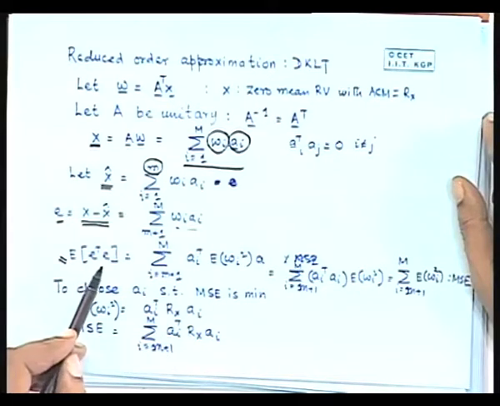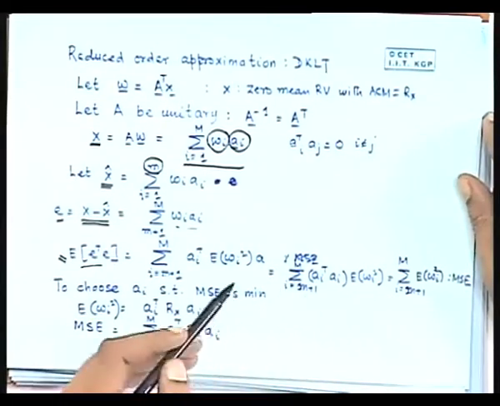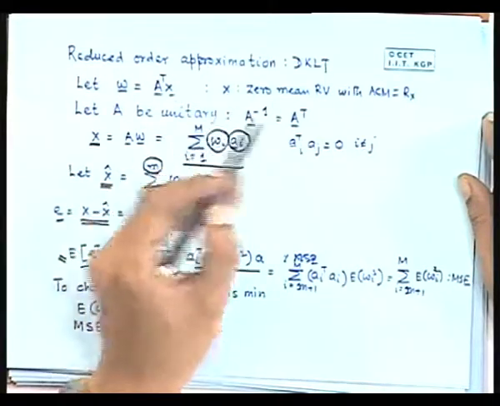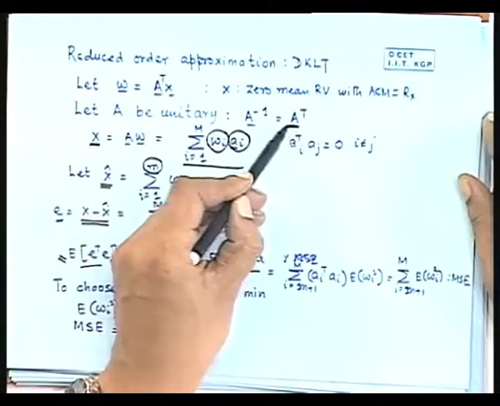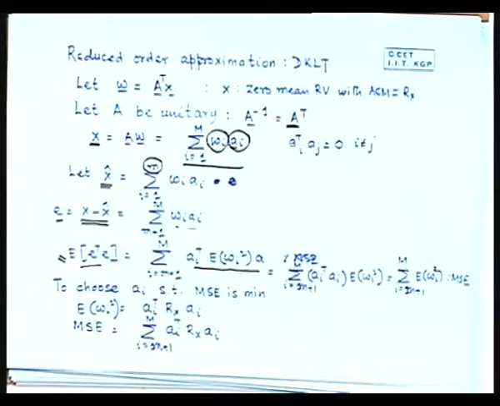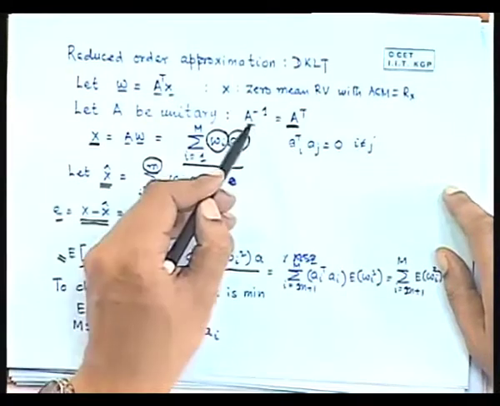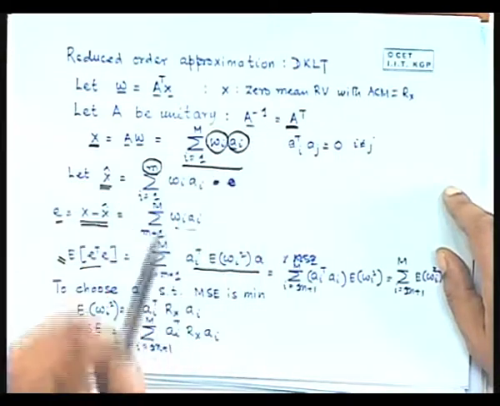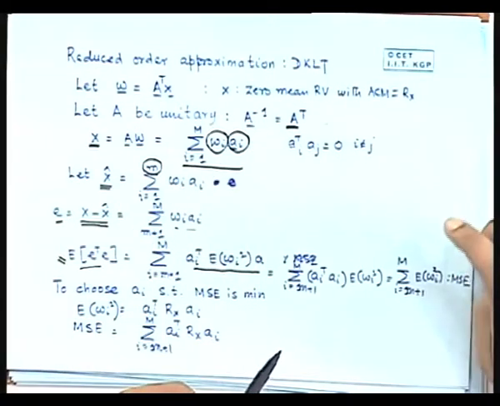Now I find the power of the error, that turns out to be this ai transpose. This A matrix we will definitely choose as what is known as a unitary matrix, that is A inverse equal to A transpose. Note that in our case Q inverse was equal to Q transpose, so the eigenvector matrix is a unitary matrix, but there can be other unitary matrices which are not eigenvector matrices.